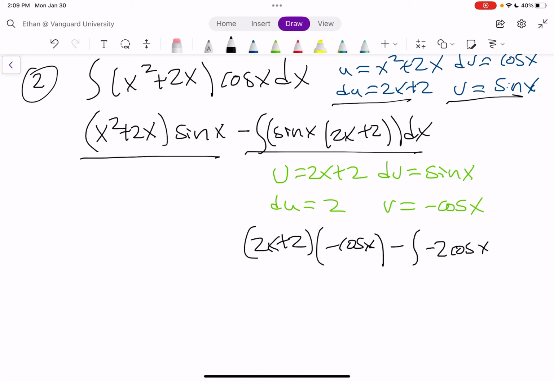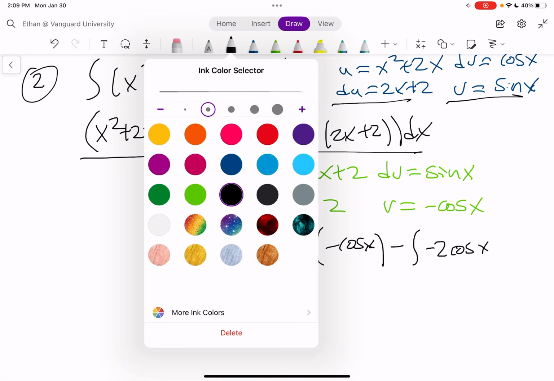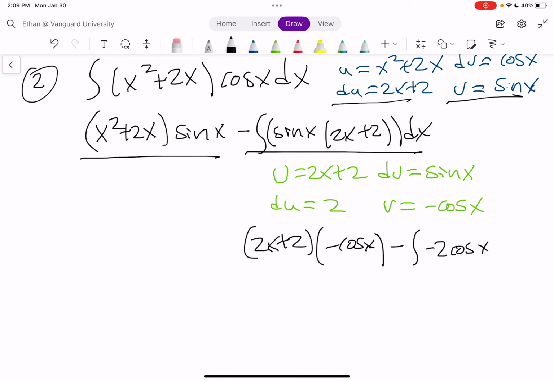Okay? And this is actually a fairly simple integral to solve. Negative 2 times cosine x integrates to negative 2 sine x. So we're still solving for the right hand side of our equation, remember? So we have 2x plus 2 times negative cosine of x, and then negative 2 sine of x.